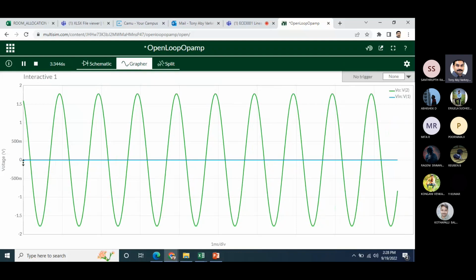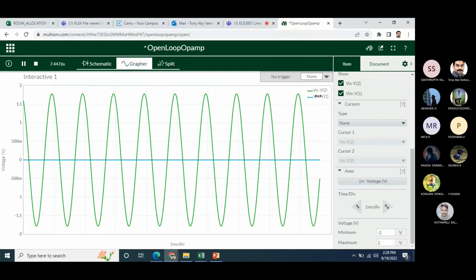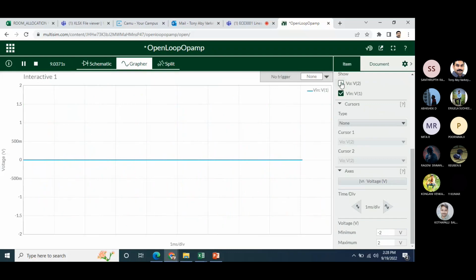The input is here, but we cannot see the sine because it is a very small voltage. Maybe if I don't show the output and then click on voltage, you can see.